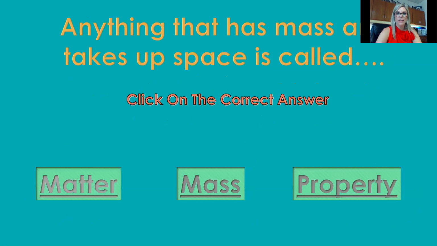All right, some vocabulary. Anything that has mass and takes up space is called matter, mass, or property? Anything that has mass and takes up space is called matter, my friends.